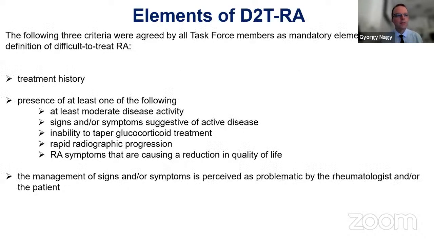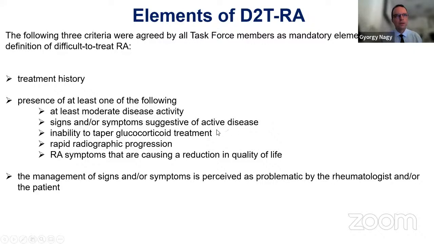So basically, we thought initially that when we talk about the definition of this patient group, we should consider the treatment history, and somehow we should include in the definition, and as you will see, this was done, the measurement of disease activity and other signs or symptoms of active disease.